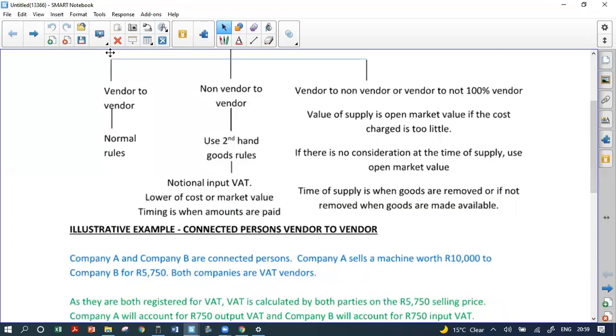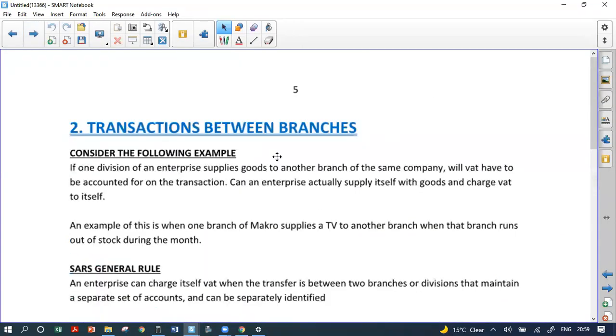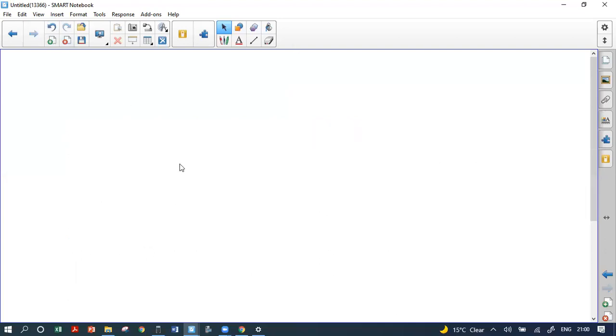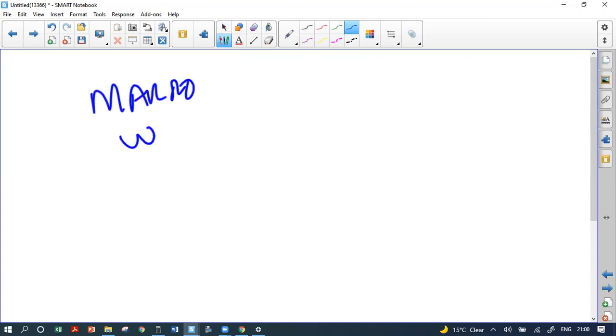Okay. Now, as far as branches are concerned, let me just explain something. It depends on whether a branch is registered separately with SARS or not. So let's just imagine you've got Macro, and we use that example of Woodmead, and we've got Crown Mines.